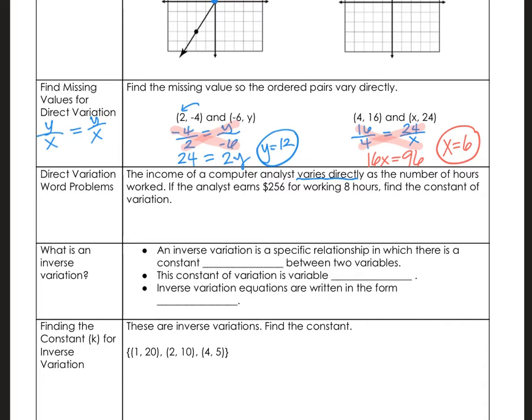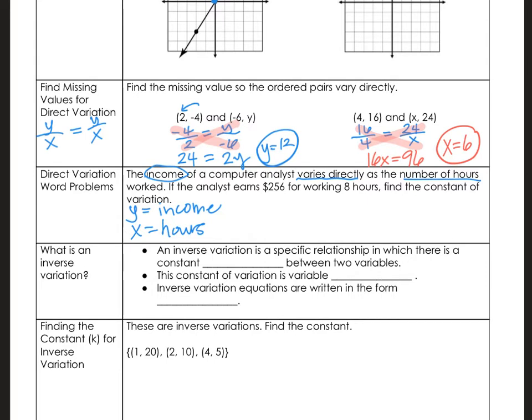Okay, so what we're going to do is since our income came first, we are going to set that as our y value. So income was listed first. It said income varies directly as the number of hours worked. So our y value is income. Our x value is our hours.